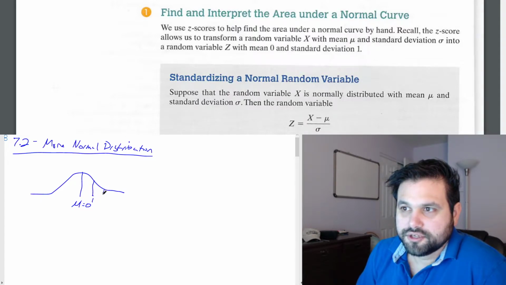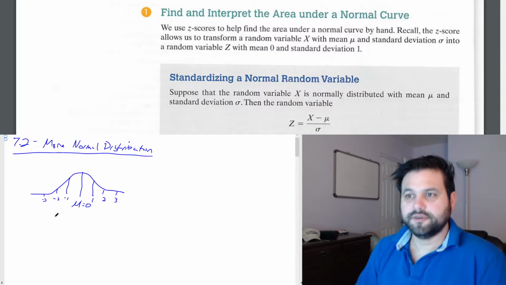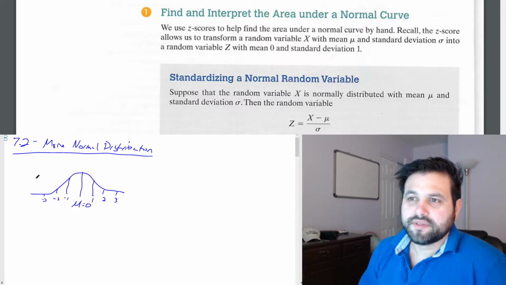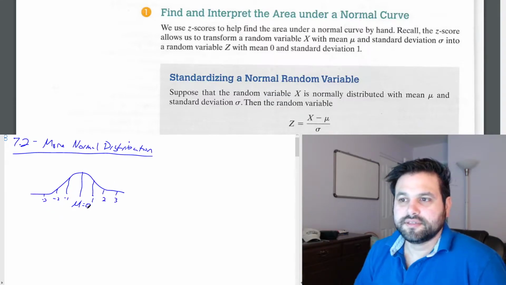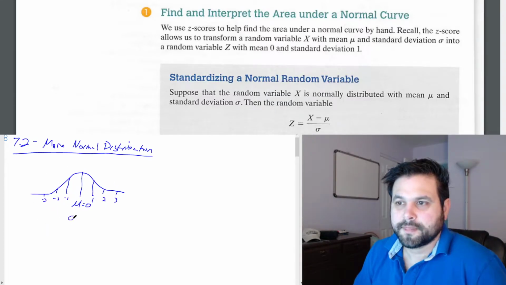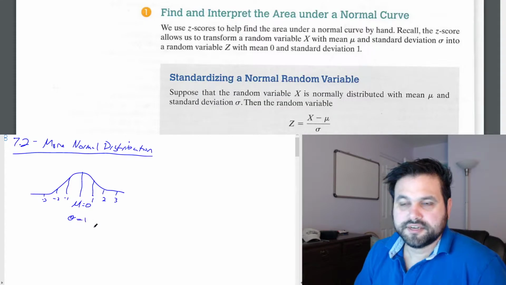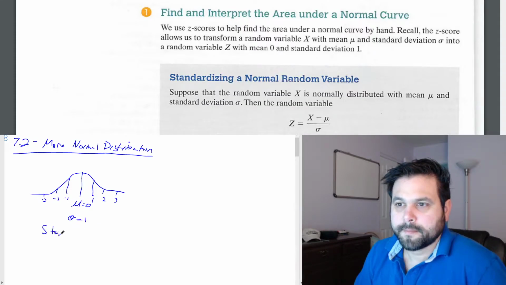This would be here at 2, 3, and so on, right? Over here we would have -1, -2, -3, and so on. Okay? So that's the standard normal distribution. The standard deviation is 1. The mean is 0.